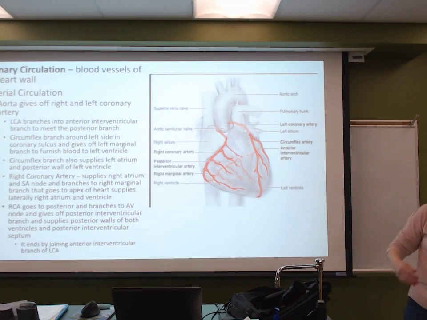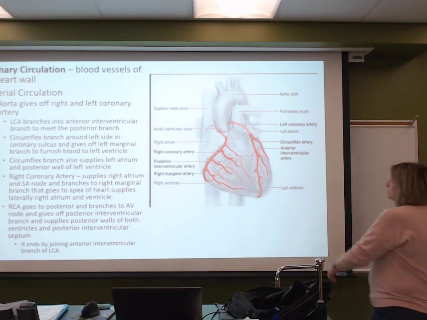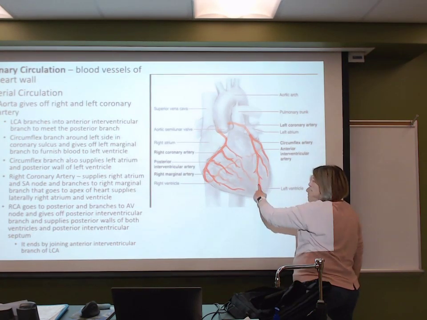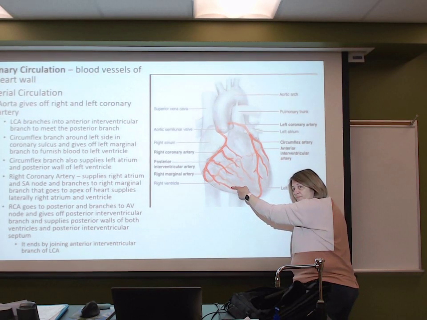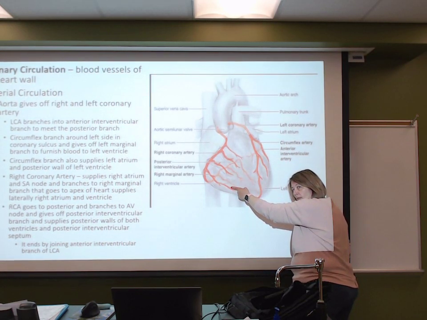Now, as those coronary arteries branch and circle, note, they branch downward, okay?